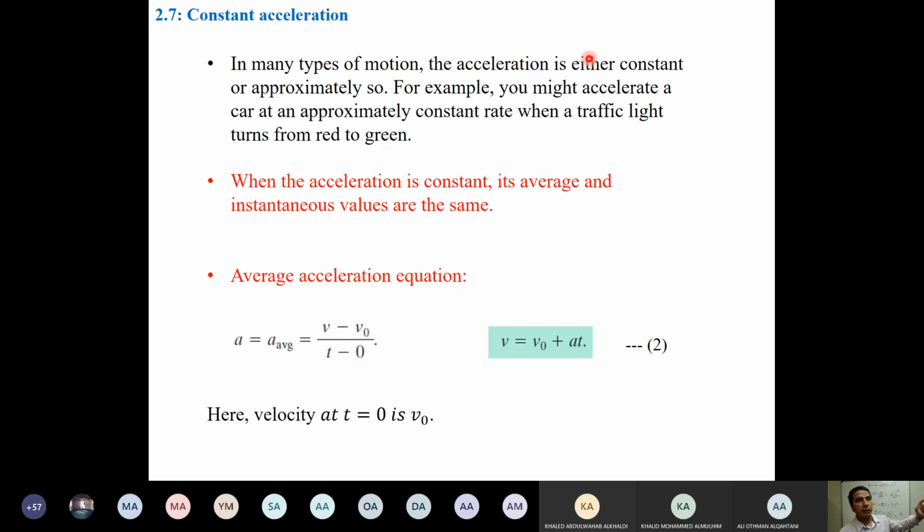Let's say from 20 to 100 you reached, but in the next interval you may not be able to reach from 100 to 180. In that situation, your acceleration is variable. But if you start your car, in the first minute you reach from 1 to 10, in the second minute from 10 to 20, in the third minute from 20 to 30, then in each passing interval of time your speed increased by 10 kilometers per hour. In that situation, your acceleration is constant.